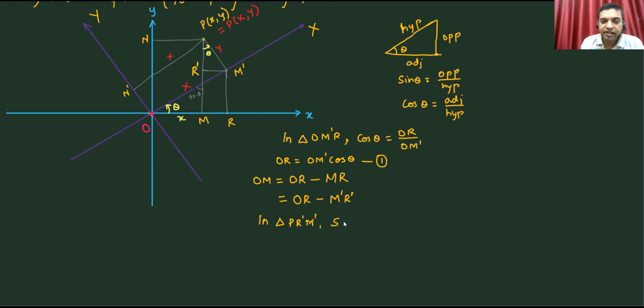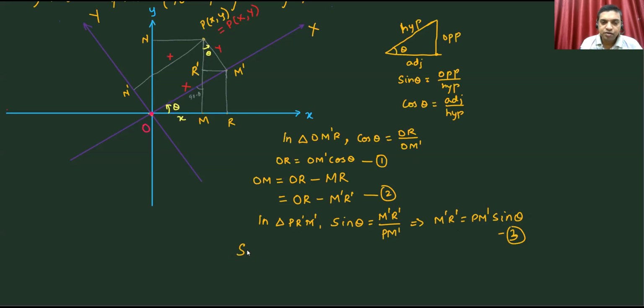Okay, sine theta is M dash R dash upon PM dash, which implies M dash R dash is PM dash sine theta. Okay, so this is your equation 2, and this I'll say as equation 3.